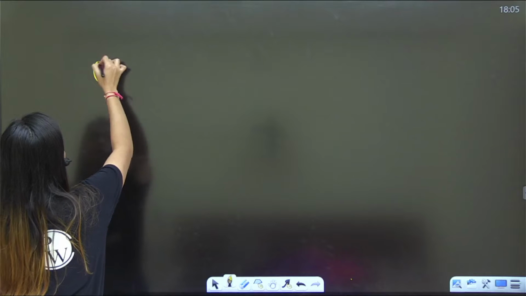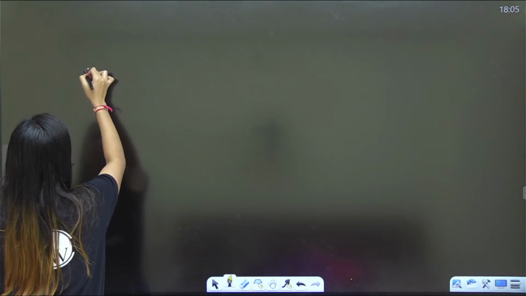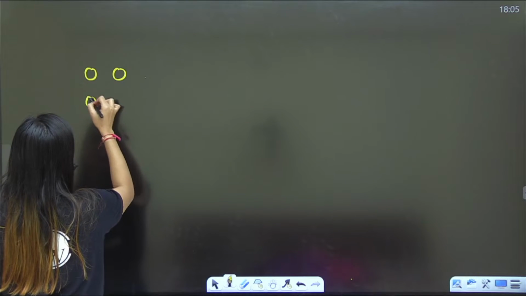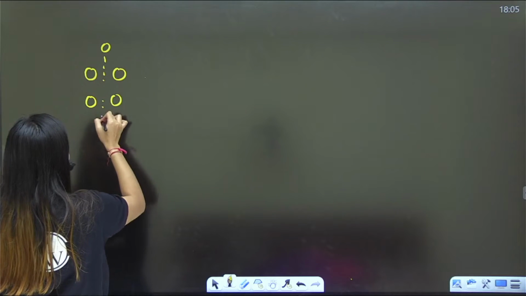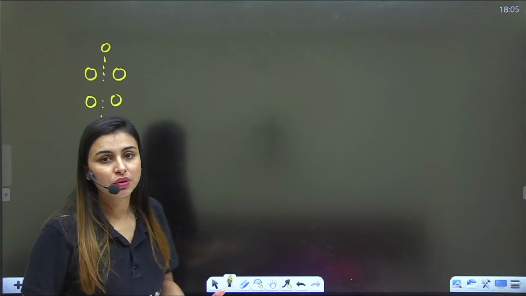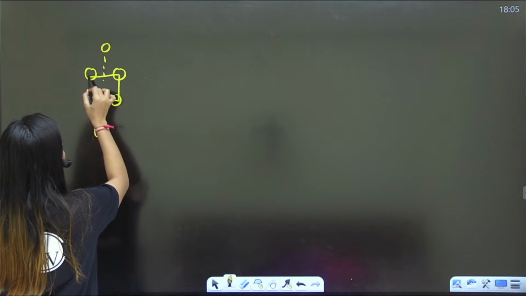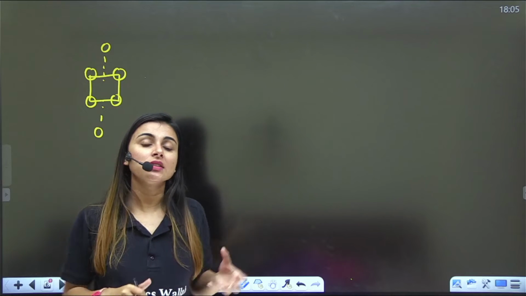So what an octahedral void looks like is something like this: you have 4 atoms present, and one atom above and one atom below. Like 4 atoms together and then one atom above and one atom below. Now the space between these is known as an octahedral void.